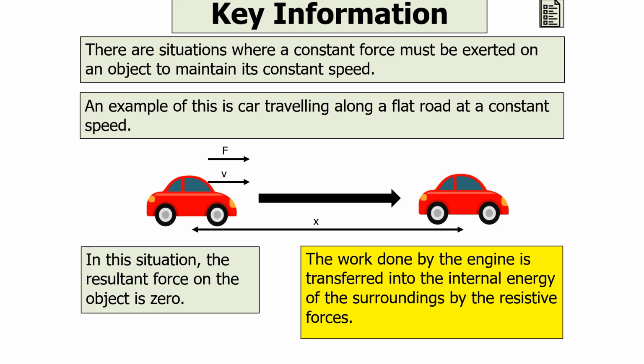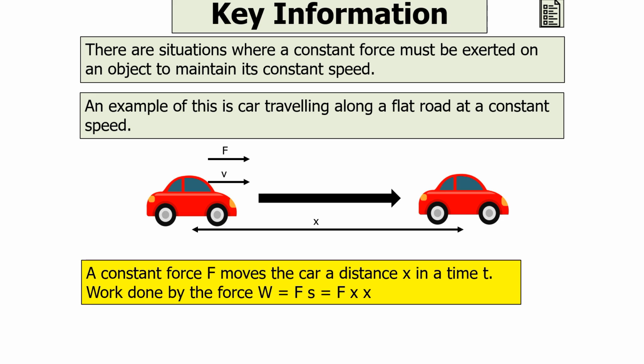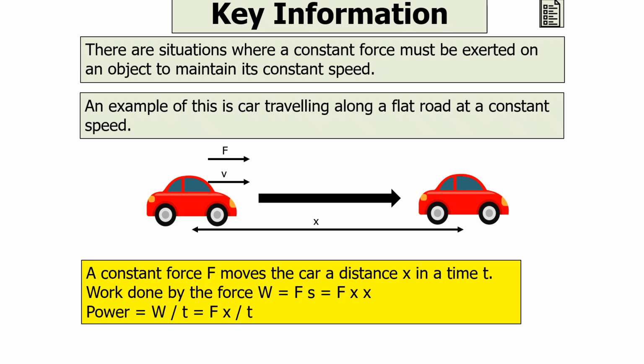by resistive forces. Now as a constant force F moves the car a distance x in time t, we can say that the work done by the force W is equal to the force times by the displacement, or in this instance F times by x. Now we have just said that power is equal to work done over time.